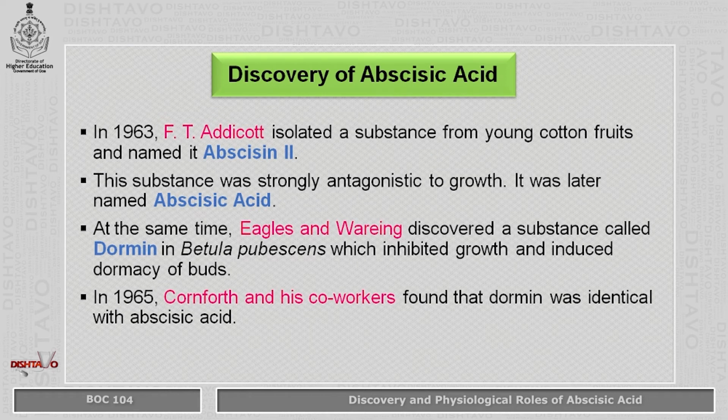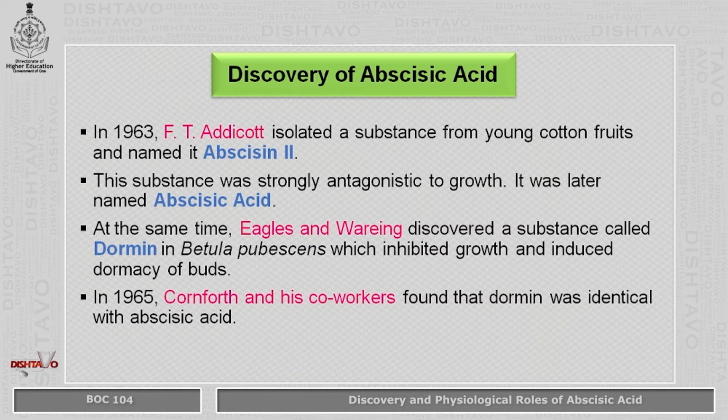In the year 1963, F.T. Addicott isolated a substance from young cotton fruits and named it abscisin II. This substance was strongly antagonistic to growth. It was later named abscisic acid.